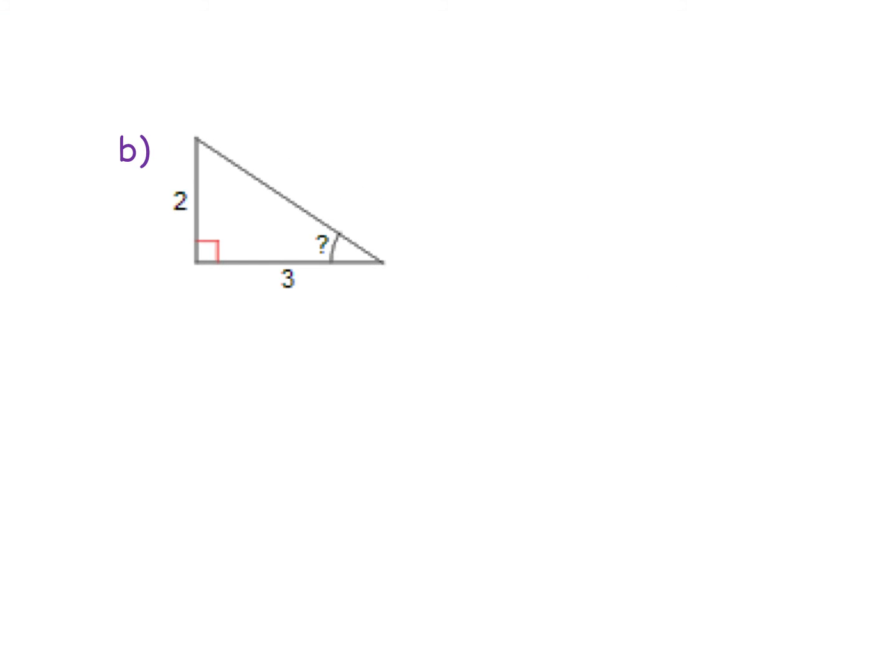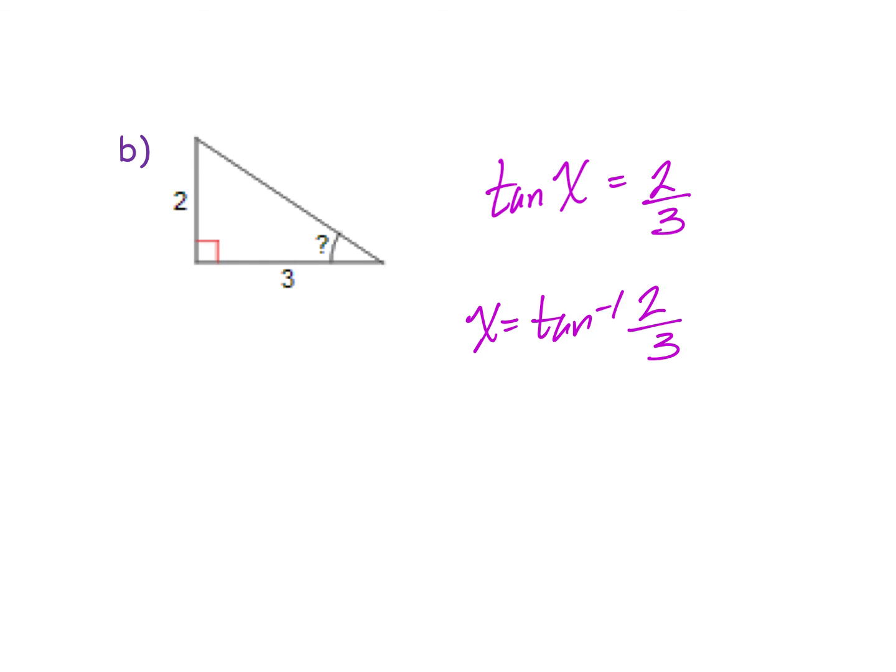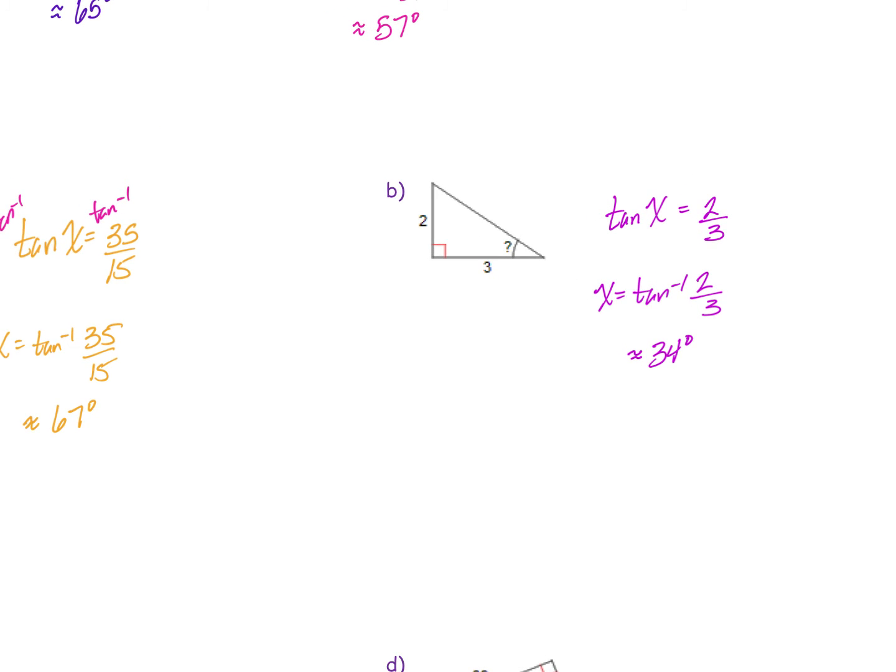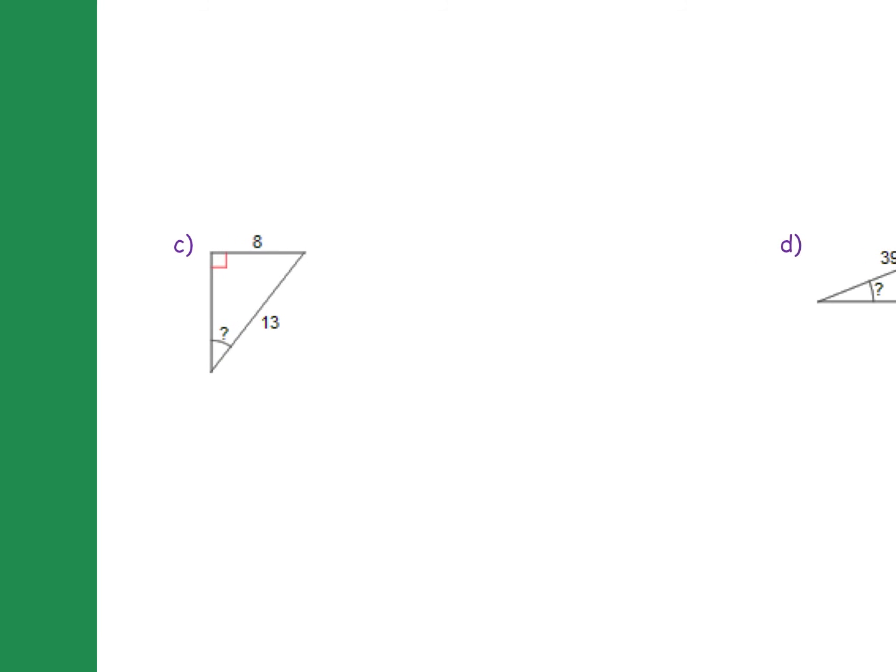B is also tangent, so tangent of x is going to equal 2 over 3. So x is going to equal tan inverse of 2 over 3, which is approximately equal to 34 degrees.